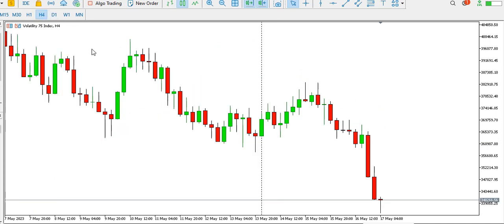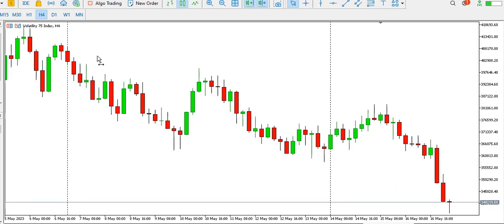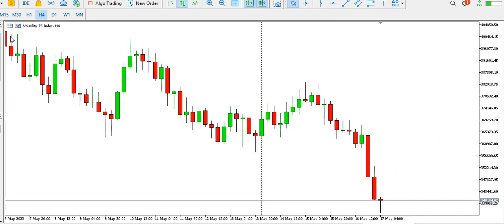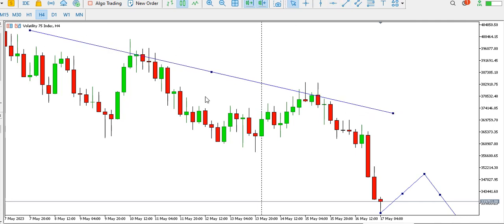Let's look at the 4-hour time frame. You can see price establishing lower highs, lower lows. This is the high, this is the low, this is the lower high, lower low, this lower high. Now we're having a lower low, so you might be seeing a lower high any moment from now before we see another leg of lower low. So price of Volatility 75 Index is currently bearish.